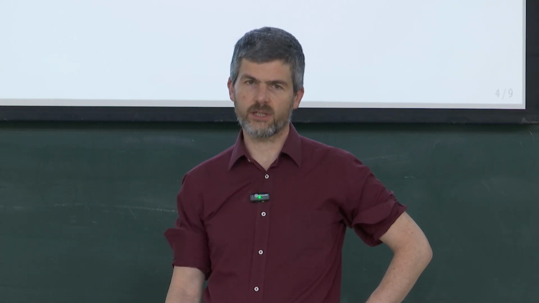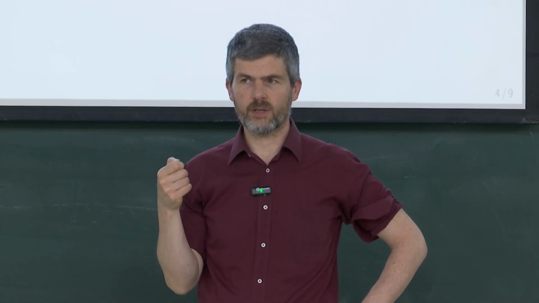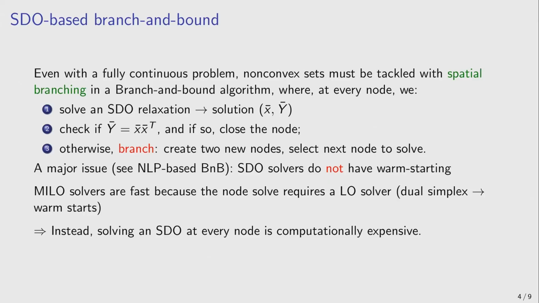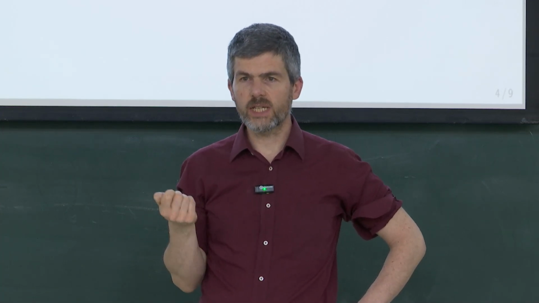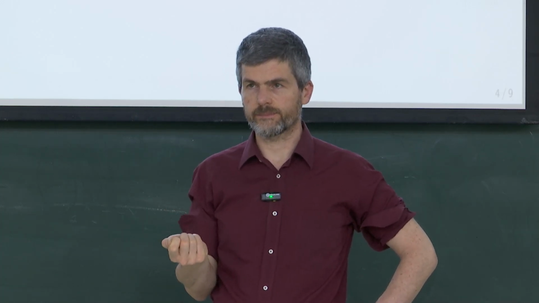So as you know, in mixed integer linear optimization, you have to solve a linear optimization problem at every node. You possibly have to resolve it every time you add a cut within every branch and bound node. But resolving a linear optimization problem in a node with the dual simplex method is extremely fast. You need a number of simplex iterations that is very small compared to the size of the problem.